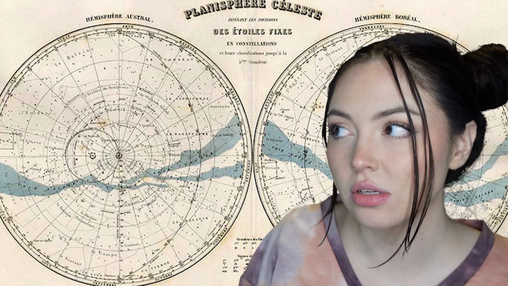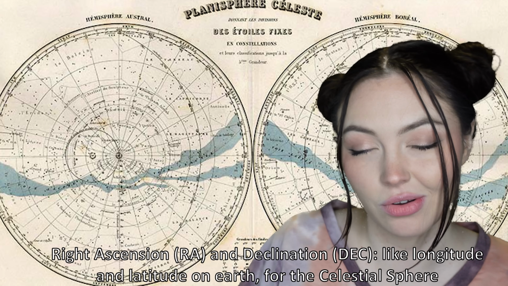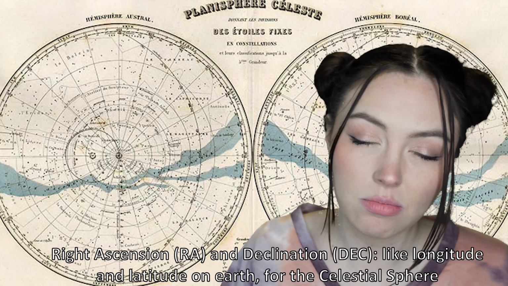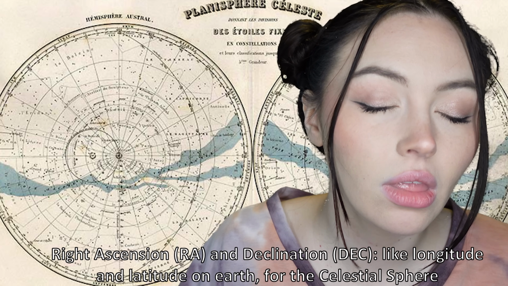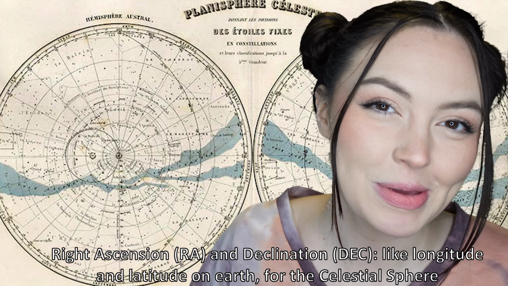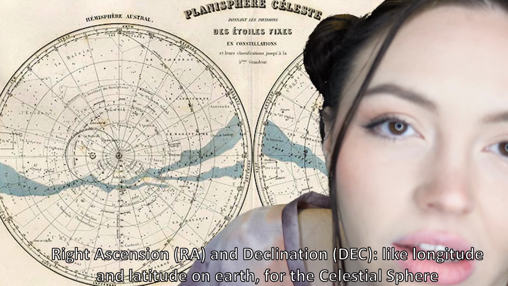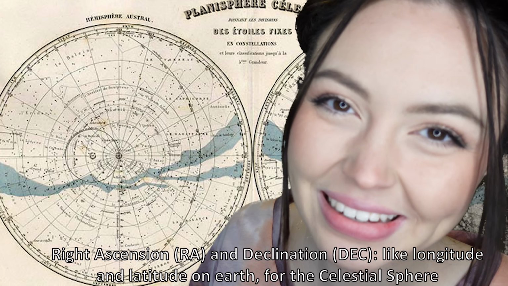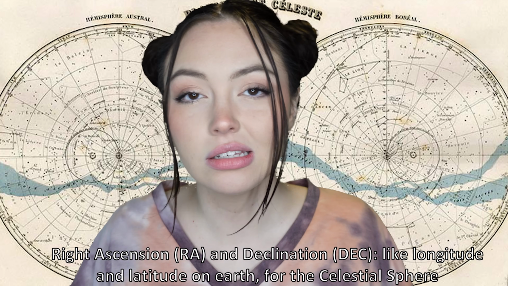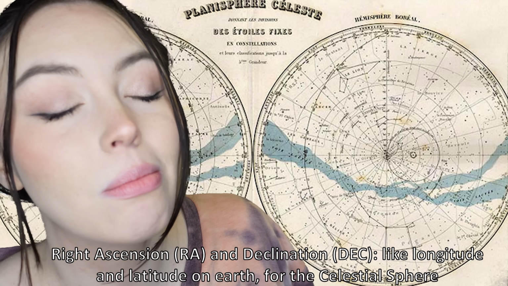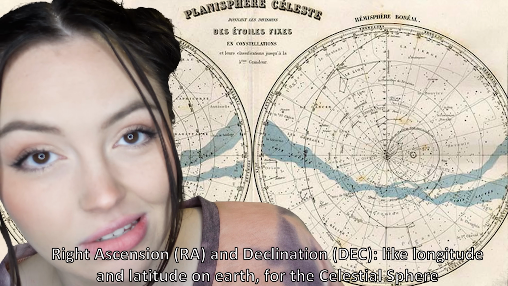And just like the Earth has longitude and latitude, the celestial sphere has right ascension and declination. Right ascension corresponds more to longitude, as on the Earth, and is typically measured in hours, minutes, seconds. My astronomy people know that that is not a time reference, not a time unit. And declination is measured in degrees, typically.